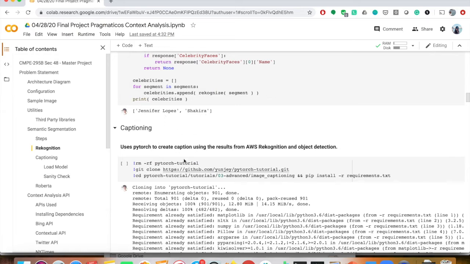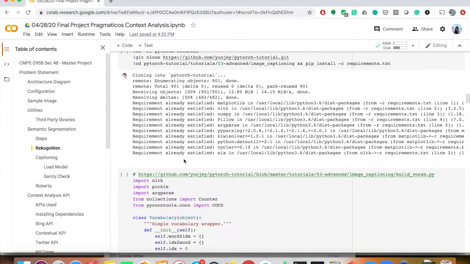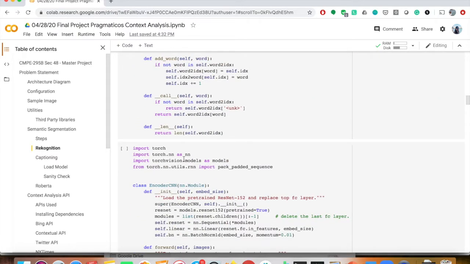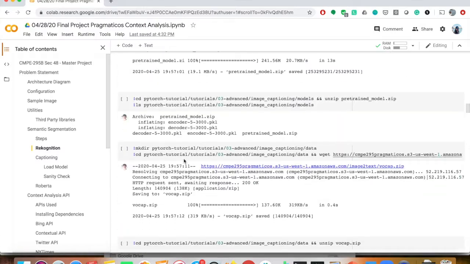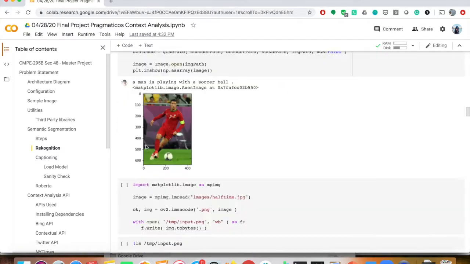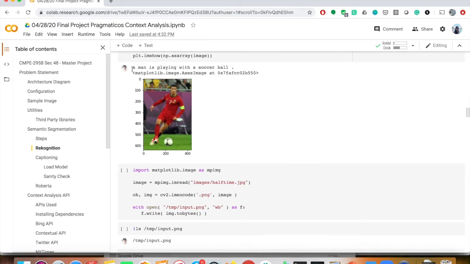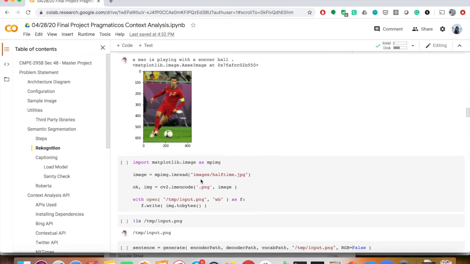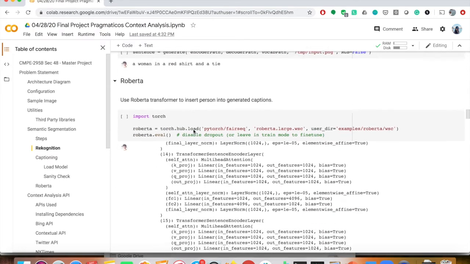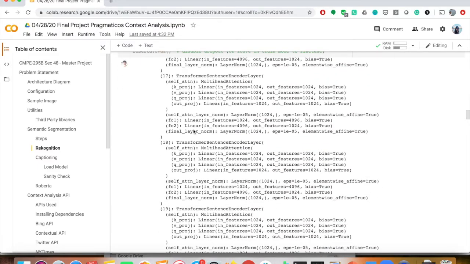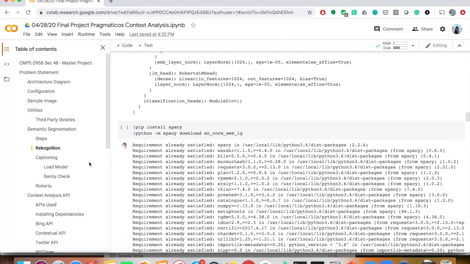After using the results from AWS Rekognition, we pass the image through the LSTM model that converts the image into a caption. So here we can see it generates the caption for this image as a man is playing with a soccer ball. Then we use the RoBERTa transformer, which is used to insert the person's name into the generated caption.